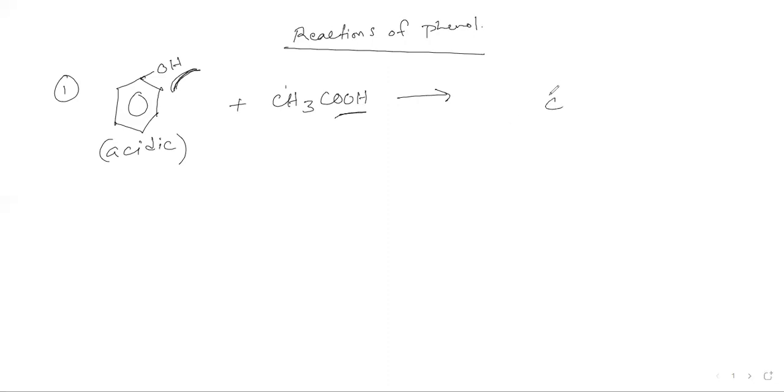So there must be this ester linkage, C double bond O, and the molecule continues. For a moment, we would think this can be the product being formed. This is the acid part and this is the alcohol part.